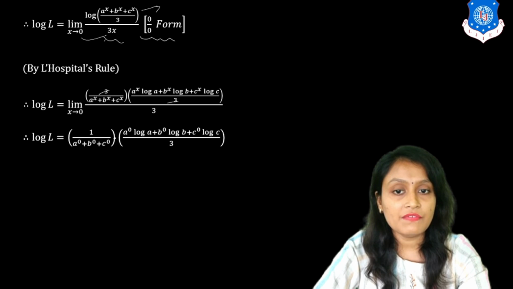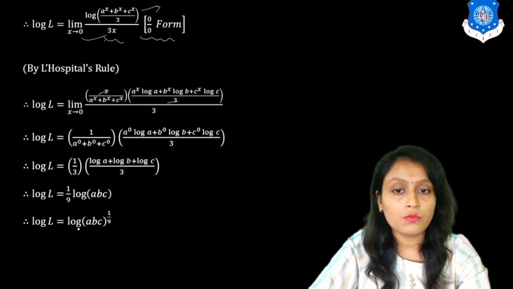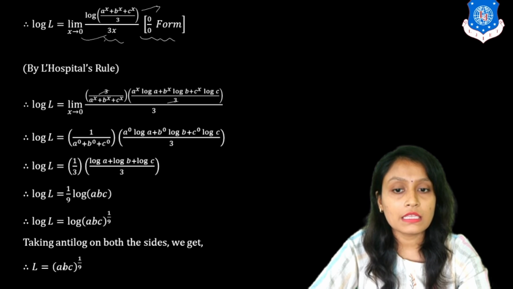On simplification, you will get 1 upon 3 into (log a plus log b plus log c) upon 3. Now apply the log formula, so you will get log abc, and this 3 into 3 will give you 9. So log L equals log (abc) raised to 1 upon 9. On taking anti-log on both sides, you will get L equals (abc) raised to 1 upon 9.